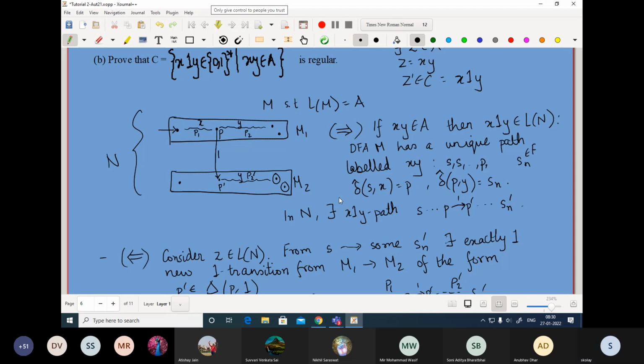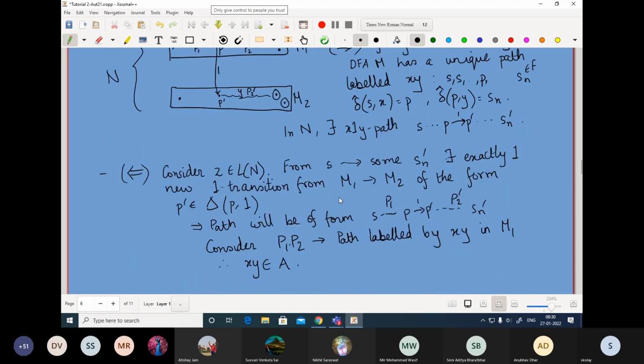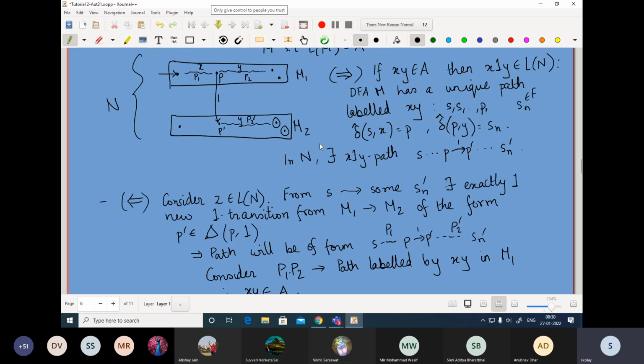Fine? Yes, ma'am. And you wrote that P dash belongs to delta P1. So should we write equal to or belongs to? Not equal to, right? Because this is an NFA now. So there can be more than one. There could have been a transition here as well. There will be a transition here with a 1 as a label. Yes, ma'am. It can be an FA, but if we define like this, will it be the correct one? No, I don't know because I don't know exactly where this 1 is going to appear.